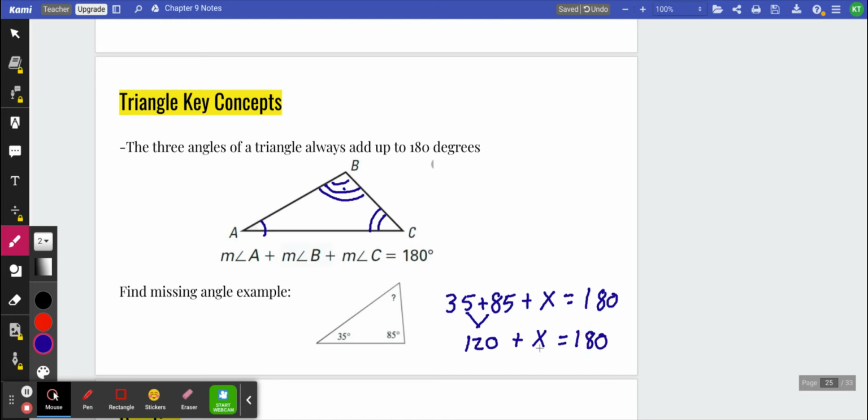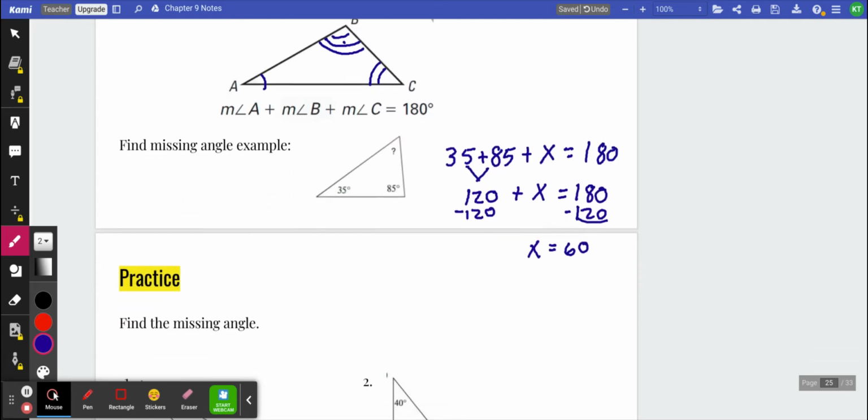So I should be able to say, well, that's going to be 60. But I remember to solve this, I just use the inverse operation of subtraction, and I'm left with x equals 60. All right, so we know that the three of them add up to 180. We can use that fact to find what the missing angle measure is.